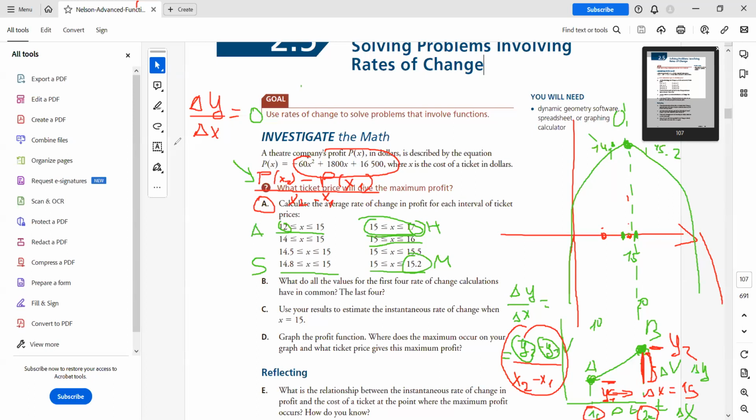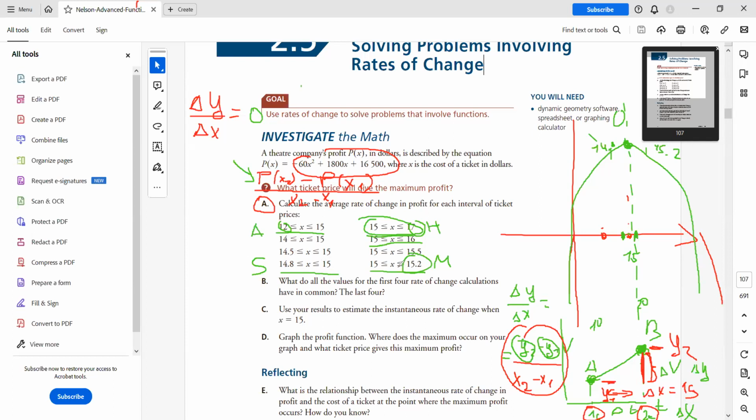Safa is asking how we would calculate it. Exactly the same way as calculating average rate of change. One of the methods is making the step on the x-axis as small as possible. One of the points must be your point of interest, for example, 15.